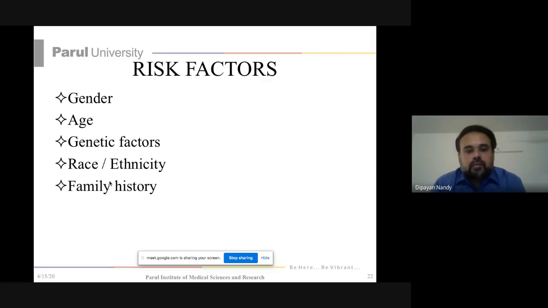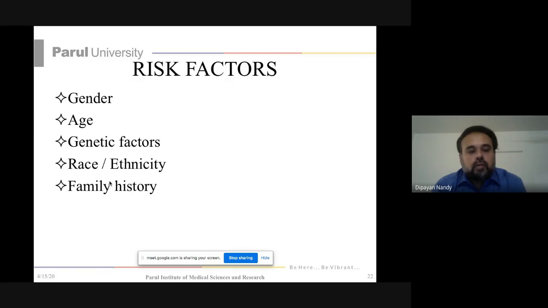Anyone who has a family history need not necessarily mean that that person will also have the CA breast. Like we talked about in the genetic BRCA1, there's an 80 to 90% chance of having a breast cancer. But if someone's mother has had a breast cancer, it does not mean he or she has the same risk. But the importance of family history is that these patients should be screened more regularly because they are definitely at a higher chance of having the disease than the general population.